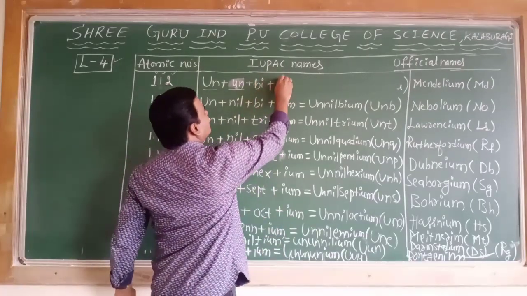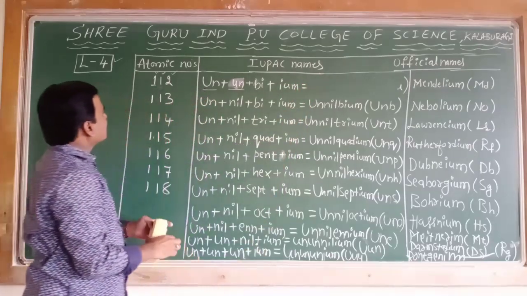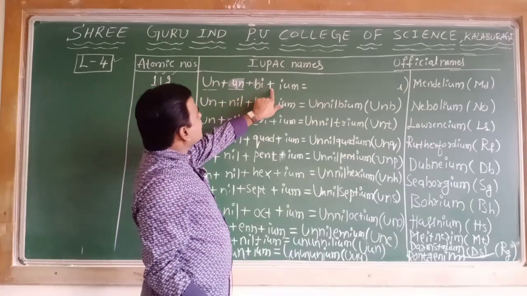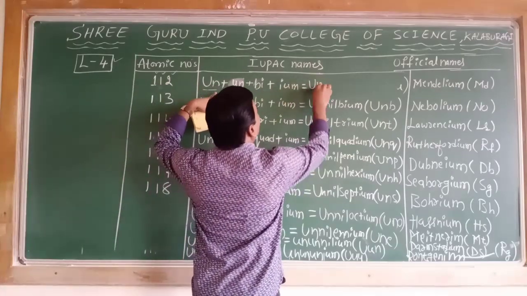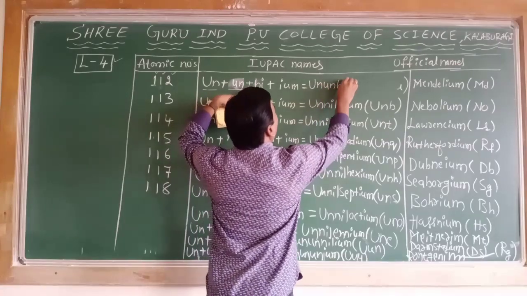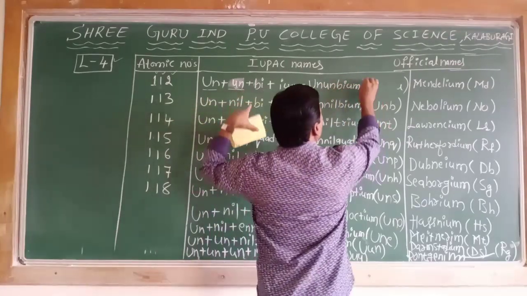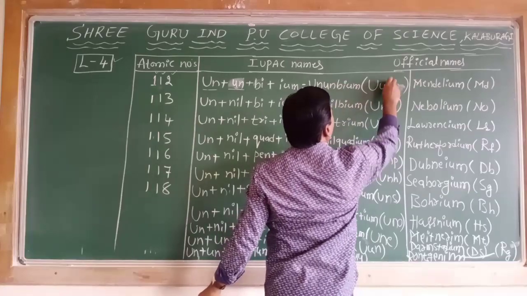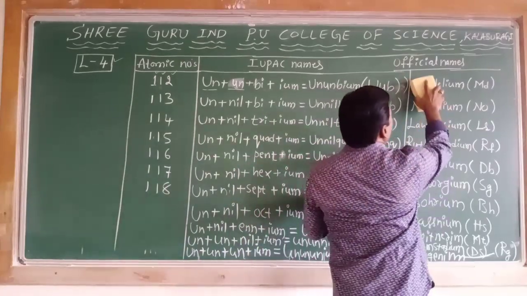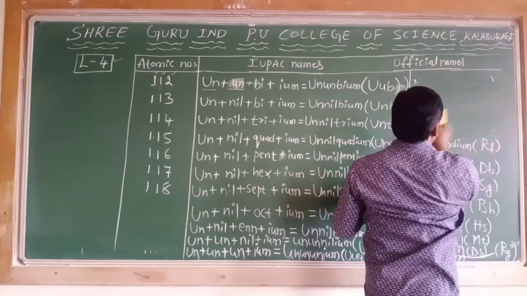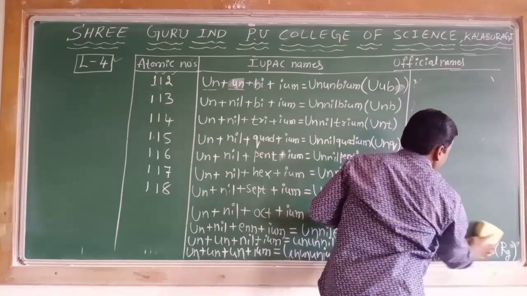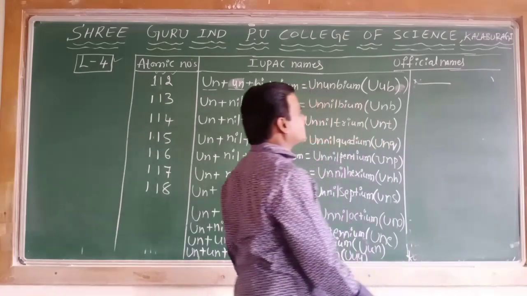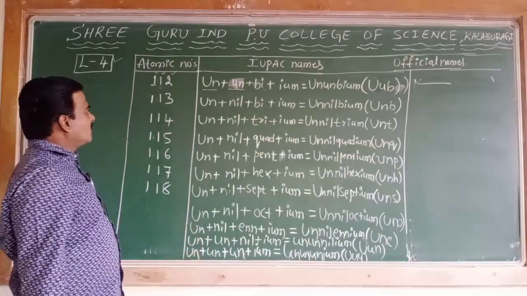Suffix ium. 112: un plus bi plus ium, that is unbium, symbol Ub. And for this element with atomic number 112, no official name was declared or given by the IUPAC system yet. Dash, no official name.